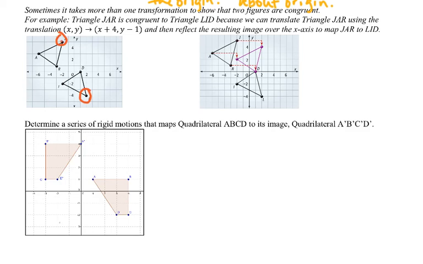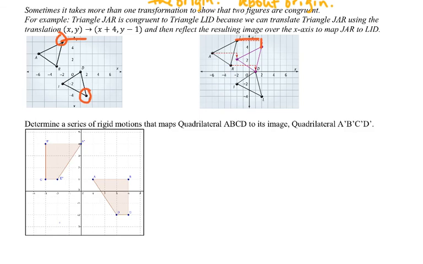So we move it 4 units to the right, and down 1. And then if you take this purple figure right here, and you reflect it over the x-axis, you would get the final.